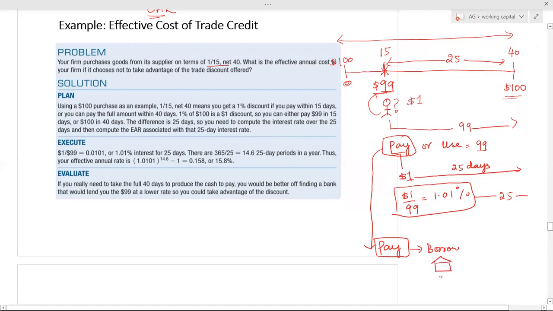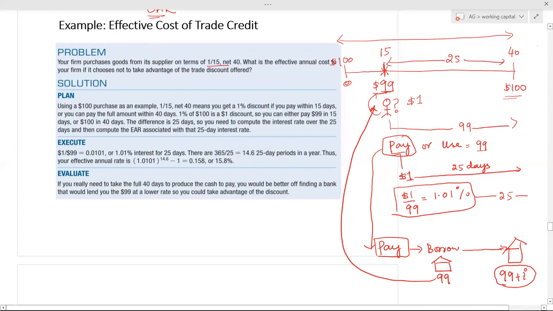Let's say you borrow 99 from the bank, and after getting the cash, you pay 99. After the borrowing period is over, say 25 days, you will pay 99 to the bank, plus some interest payment.